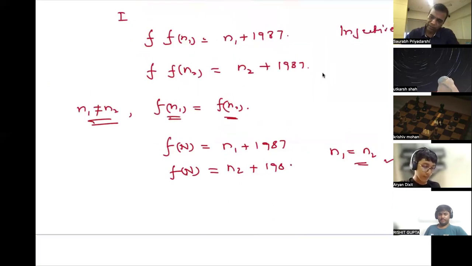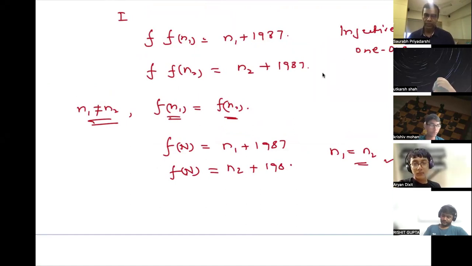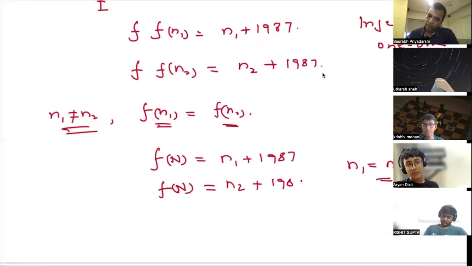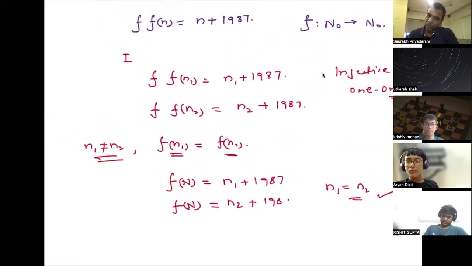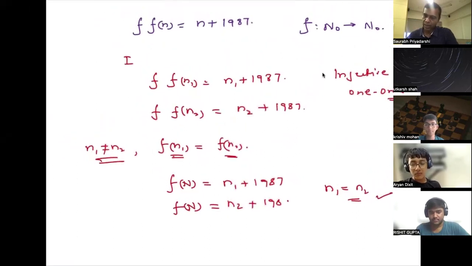Means one-to-one function. The function must be a one-to-one function. Now if this is a one-to-one function, then I have to check whether such type of one-to-one functions are possible for these values or not. First we are assuming, then we are concluding that.